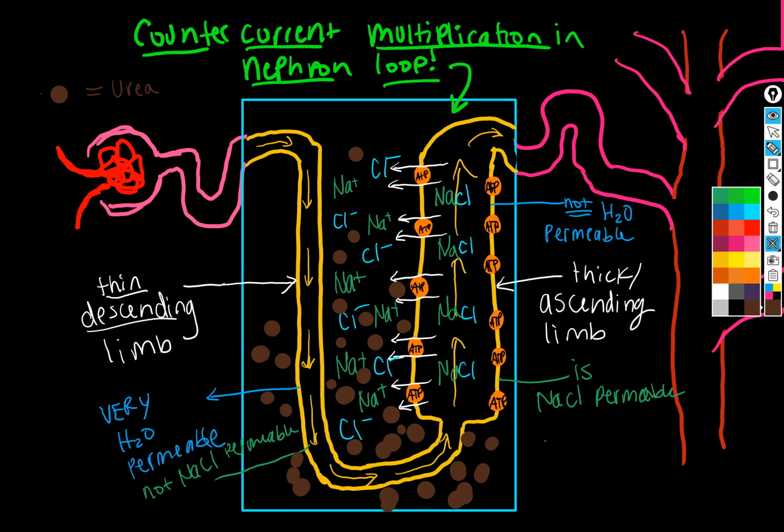So if we know that the filtrate is largely water because it's filtered out of our blood plasma, and plasma is mostly water, then it stands to reason that the fluid descending in the descending limb is going to be still pretty rich with water. Yes, we got back some of it in the PCT, but not nearly enough.